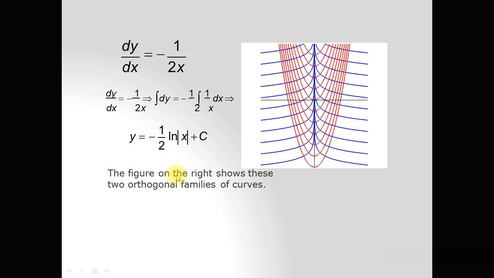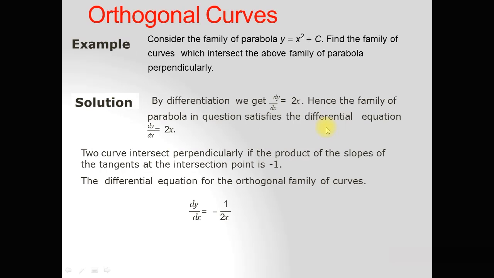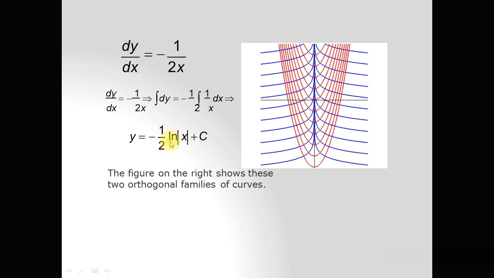Now the figure on the right shows these two orthogonal families of curves. Dear students, you see here, suppose these are lines, and these are the curves. The red color represents the given curves, because this is the given equation of the curves. The required equation which we have found here represents the other family.